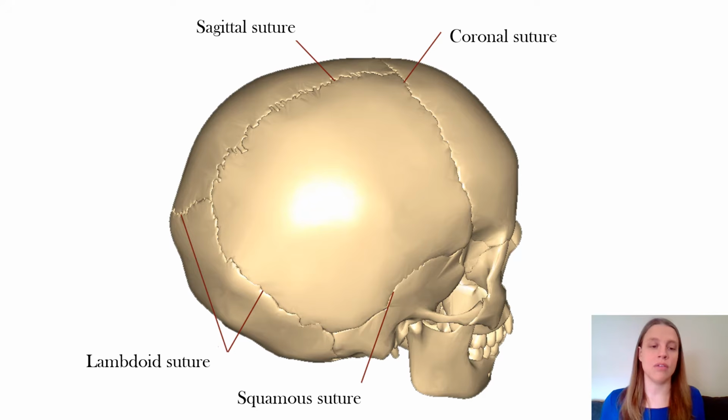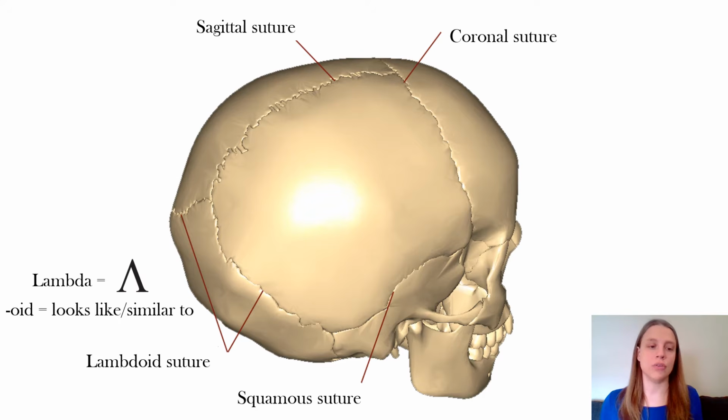And then you have the lambdoid suture. Now it's called the lambdoid suture because this is the capital Greek letter lambda. And whenever you see oid, it means it looks like or it's similar to. So they're saying it looks like the Greek letter lambda.